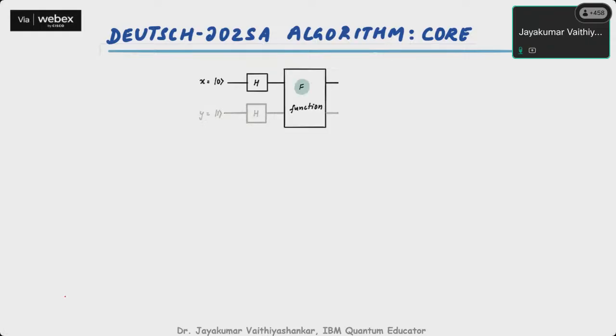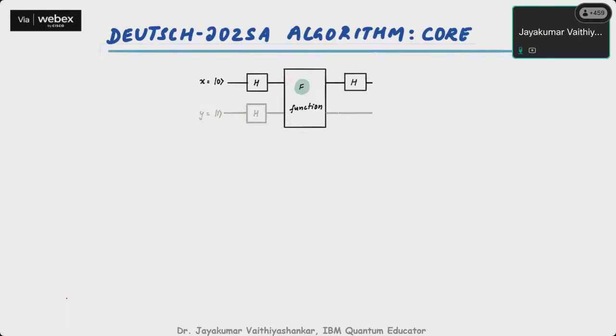So we are giving these two input states to the given function. We don't know what type of function it is. So this function is a black box. You need to give input and observe your output. By doing that, you need to determine whether it is a constant function or a balanced function.